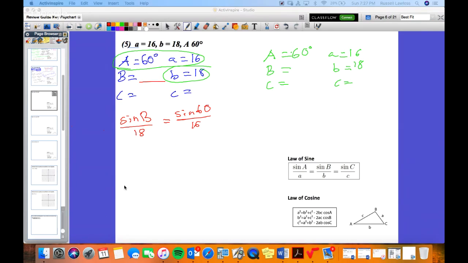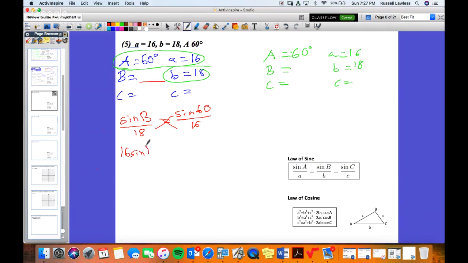Okay, still working. Good. All right, and so to solve for sine of B, we're going to cross multiply to get 16 sine of B equal to 18 sine of 60. We'll divide both sides by 16 here, and that'll tell me sine of B will be equal to 18 sine of 60 over 16.